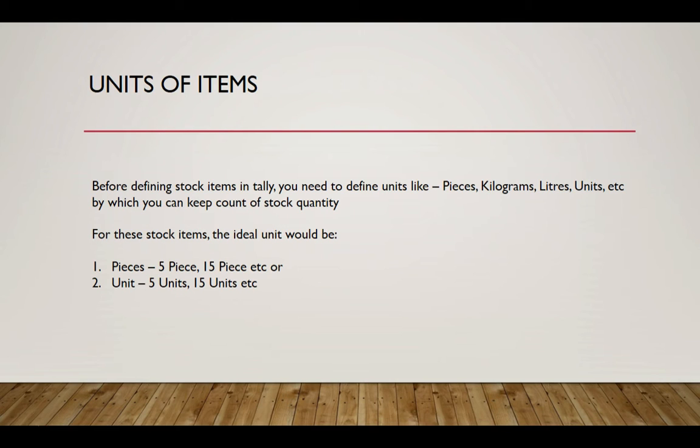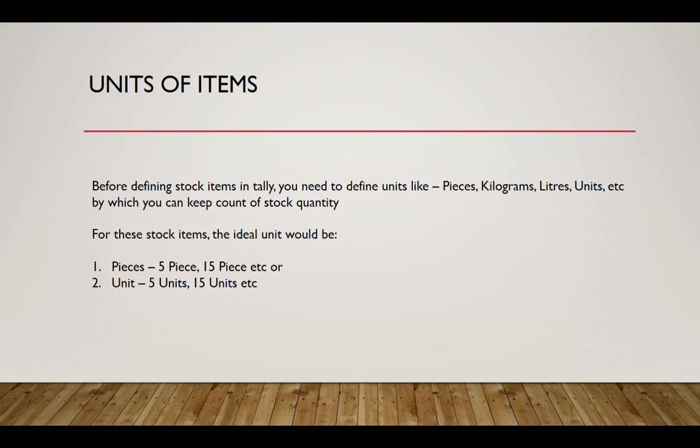And there could be different type of units depending upon the type of the business. For example, a dealer selling cement would define units like kilograms or bags because that is the relevant type of units by which he can measure the quantity of his stock.